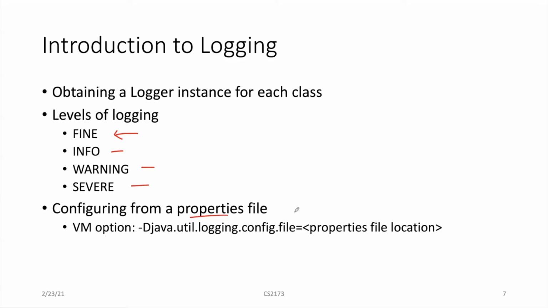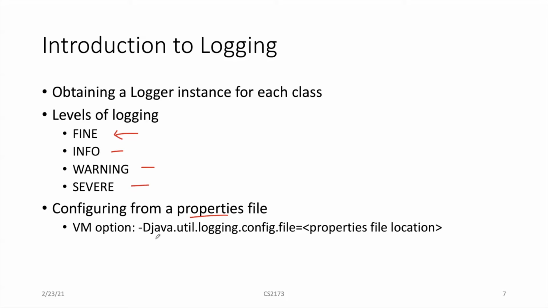The idea is that we can configure this properties file to tell us how many of these logs to actually do. The syntax of this properties file is almost like a little language of its own. Unfortunately, it's not terribly well documented. Fortunately, Java provides an example that can be easily tweaked to what we need, and we'll see an example of that.